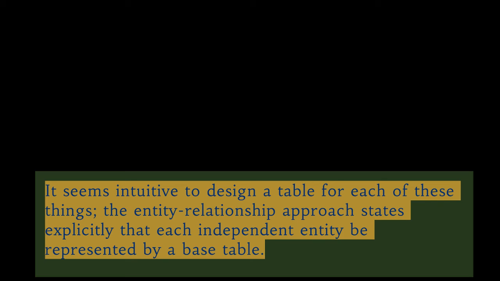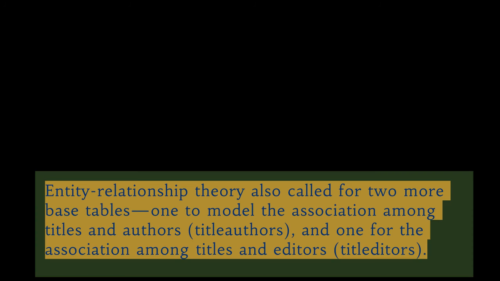The entity relationship approach states explicitly that each independent entity be represented by a base table. Entity relationship theory also called for 2 more base tables, one to model the association among titles and authors, title authors, and one for the association among titles and editors, title editors.